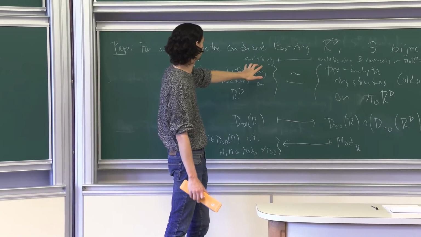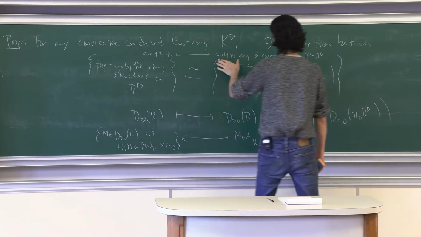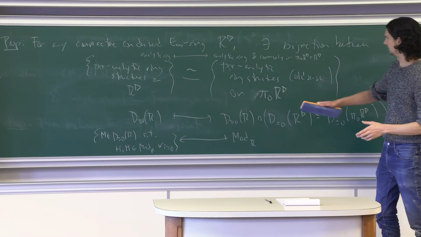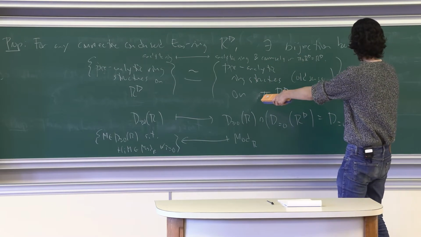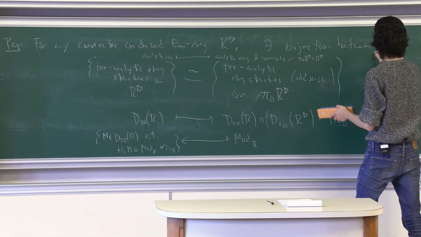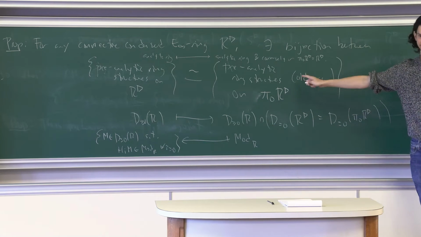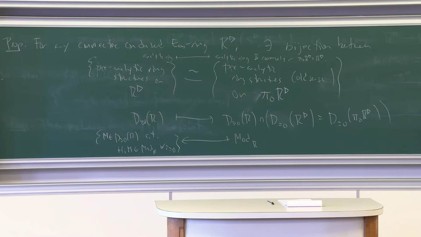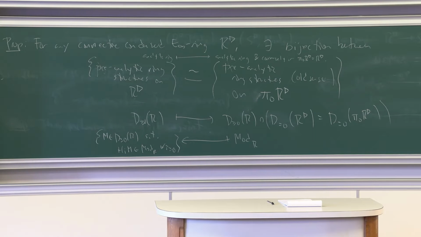So maybe the good thing to say is that an analytic ring over here gives you an analytic ring over here, such that analytic ring structures here are the same thing as analytic ring structures here, such that each pi i, not just pi 0, is complete in this category here.